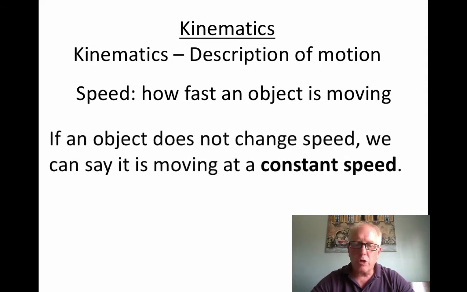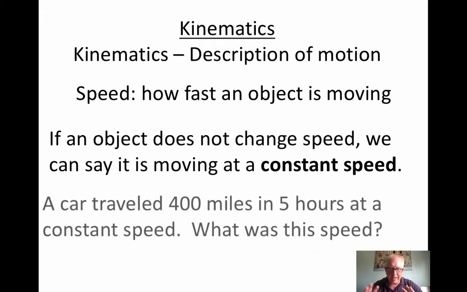So we're going to be talking about speed here. If we have something that's moving at a steady speed and the speed does not change, that's a constant speed. We're going to start off with that simplest of scenarios. In a trip like this with a car traveling, they're probably not going to move at a constant speed, but we'll start with that simple assumption and try to build it up from there.